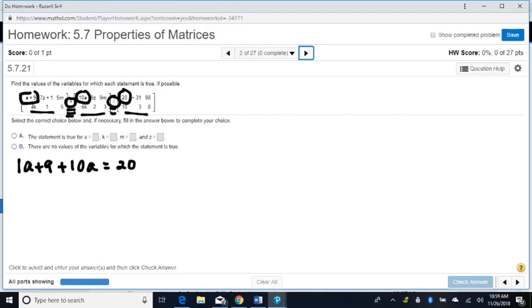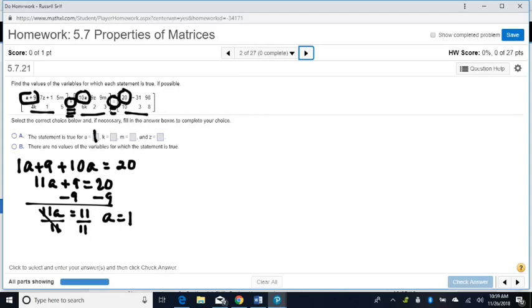So that's 1a plus 10a's makes 11a's, plus 9 equals 20. So all of algebra's equation solving, remember. Subtract the 9 from both sides, gives us 11a equals 11. Divide by 11 to get the a by itself, which gives us a equals 1. So a is 1. And then we're simply going to do the same thing over and over again for the others, right?